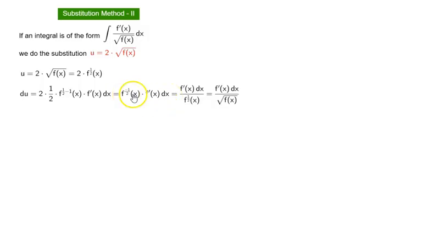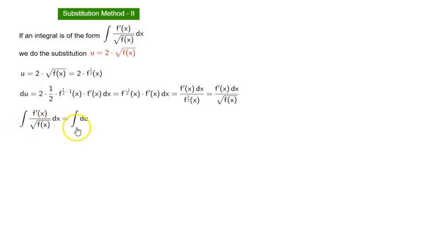Now, since it is a negative exponent, we take it down. We get f prime of x dx by f to the power of 1 by 2 of x, which is nothing but f prime of x dx divided by square root of f of x. We have ended up with the entire thing that is under the integral. So when we do the substitution, what happens?